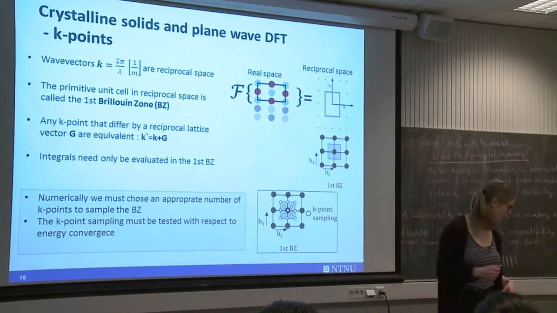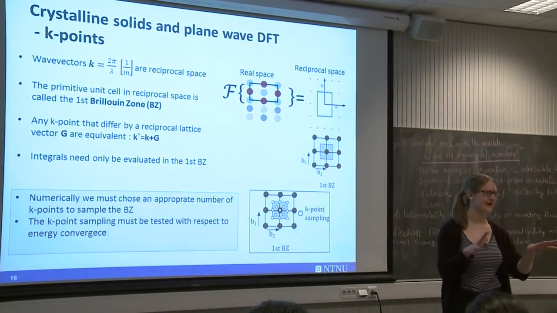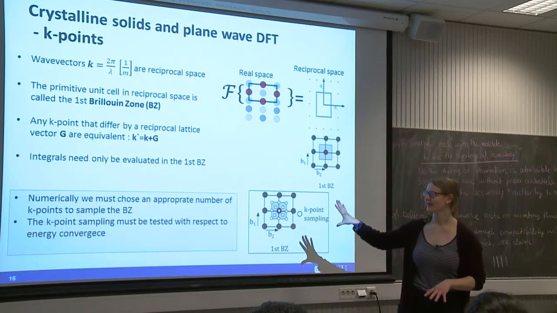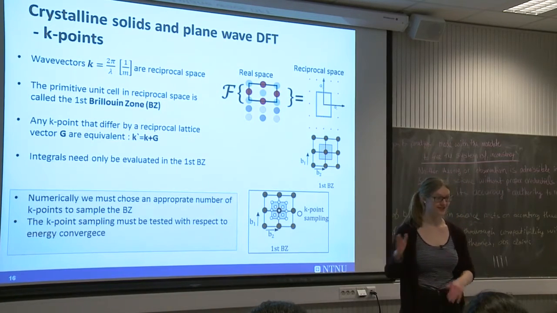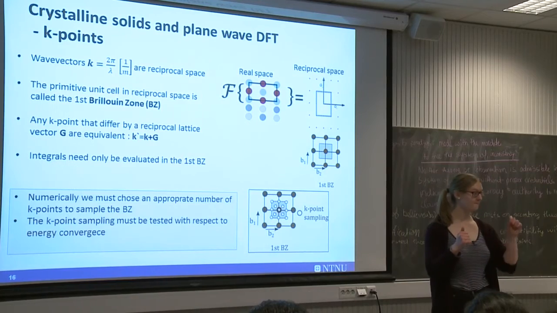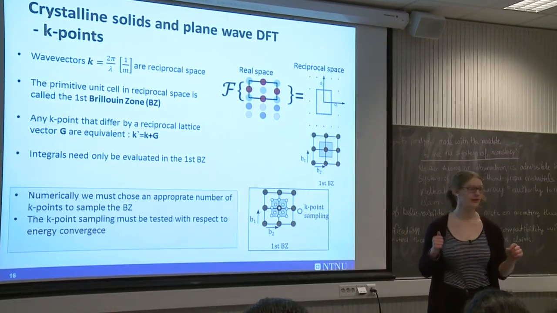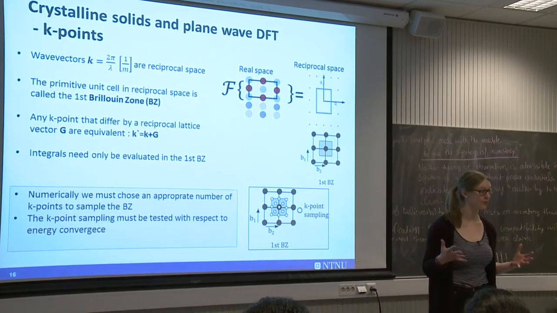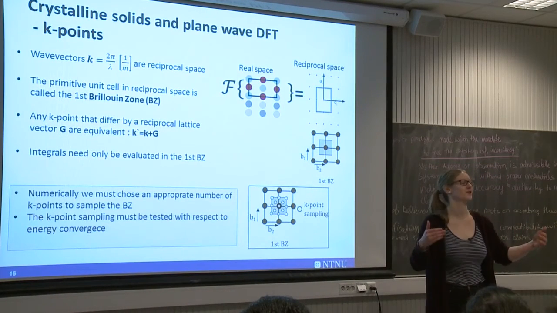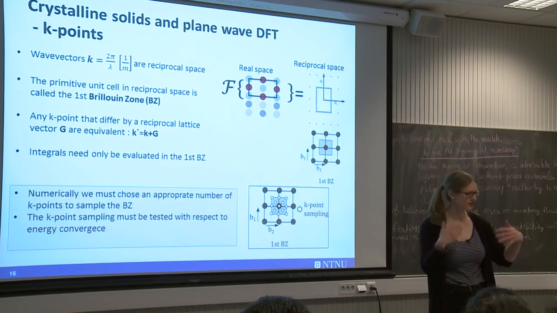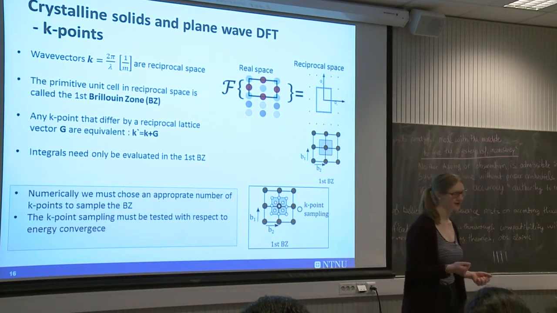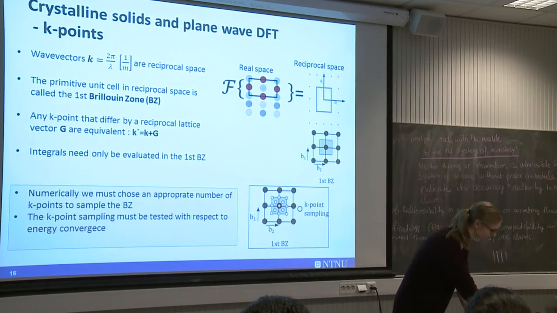Okay, so it might be a bit vague, but this is also an important part of your calculations, that you have to map your Brillouin zone in terms of K points. And the number of K points has to be sufficiently large so that you obtain reliable, converged energies, right?